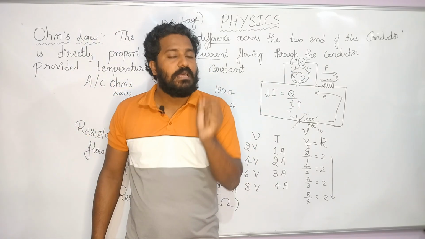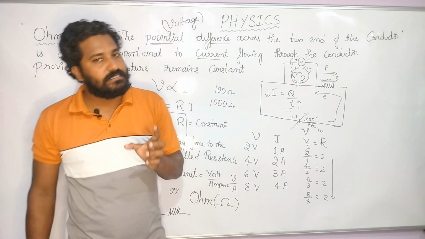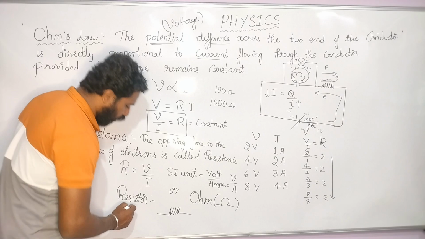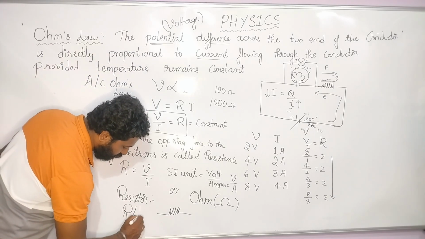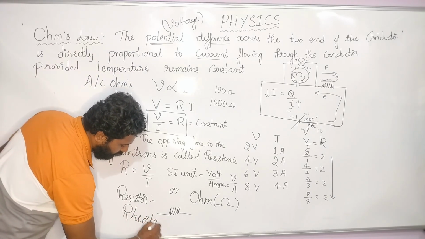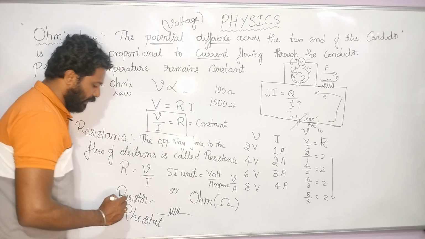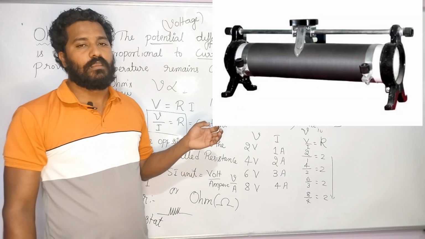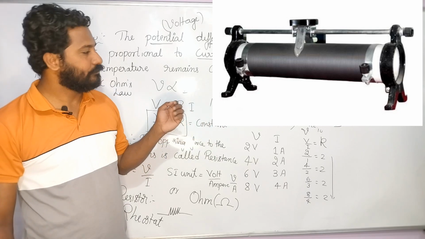So what is a resistor? A device, a component of a given size which offers resistance. And we have another device called a rheostat. You are seeing the rheostat here. It is like this.